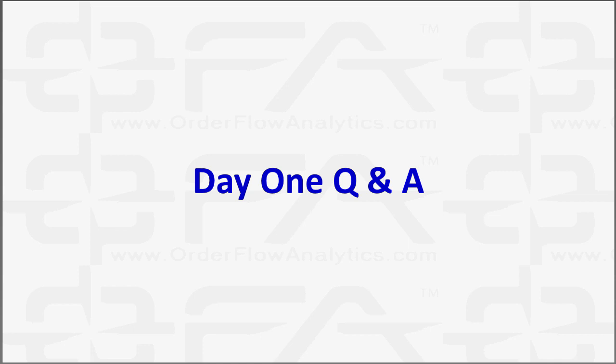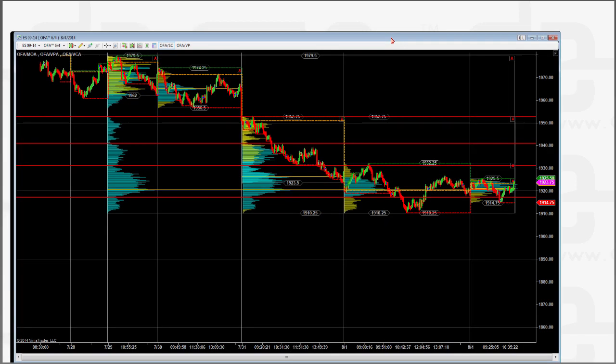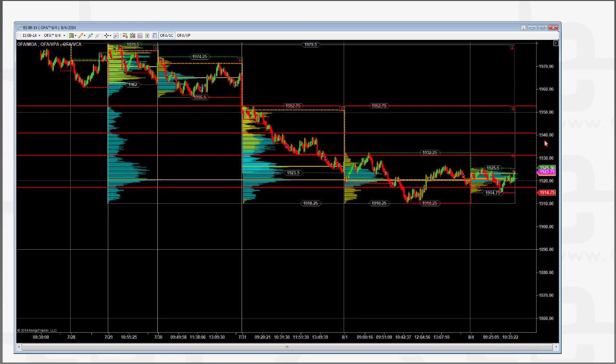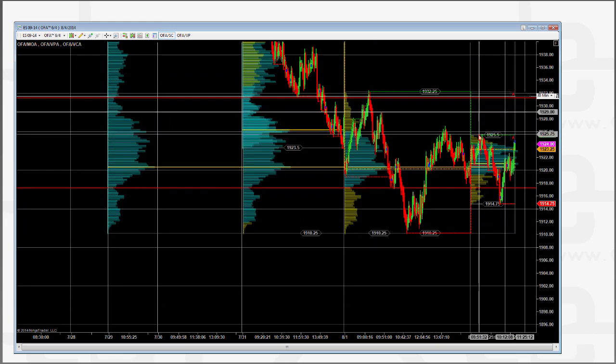On my 6-4 structure chart, do I have to draw the VP every day? Good question, Jim. What I like to do on this 6-4 chart, where I'm just using the RT8 sessions, is yes, I draw the volume profile every day.